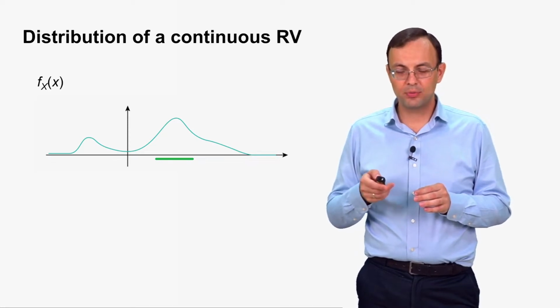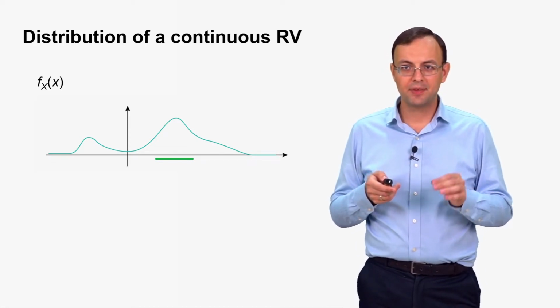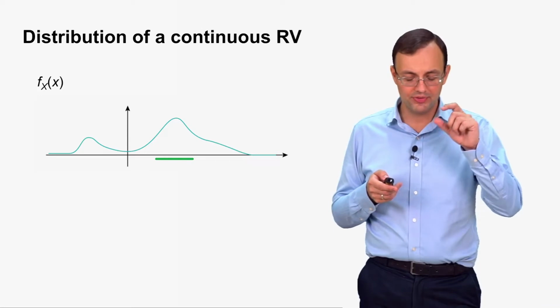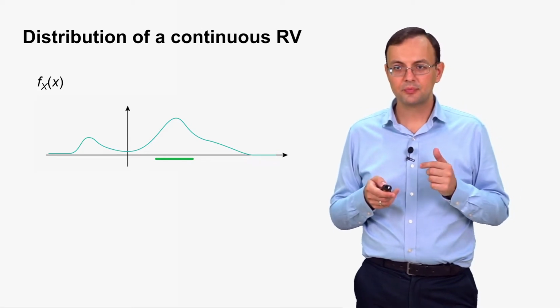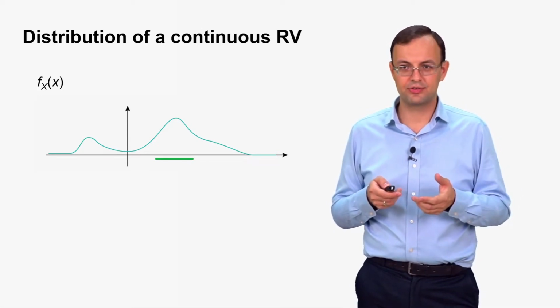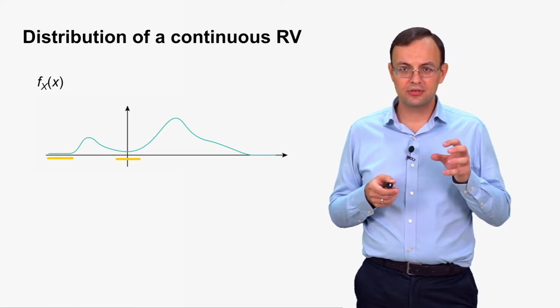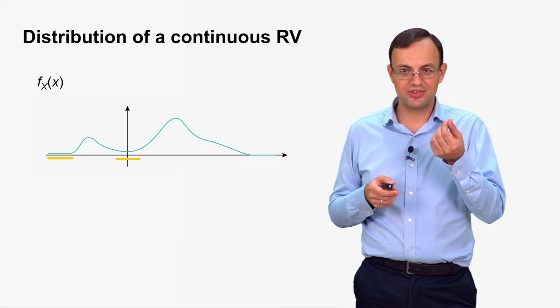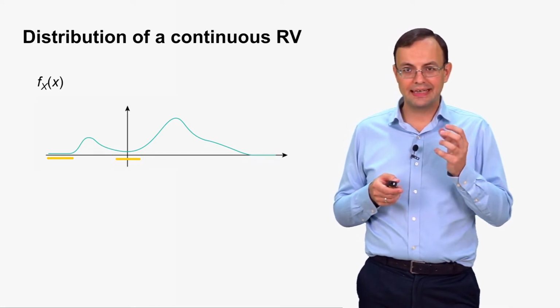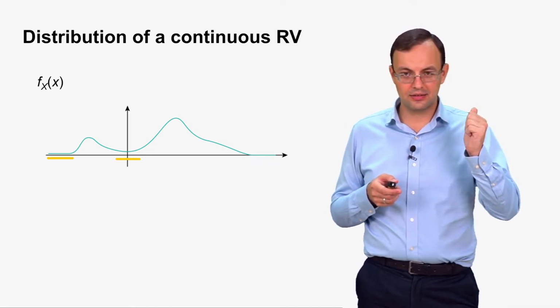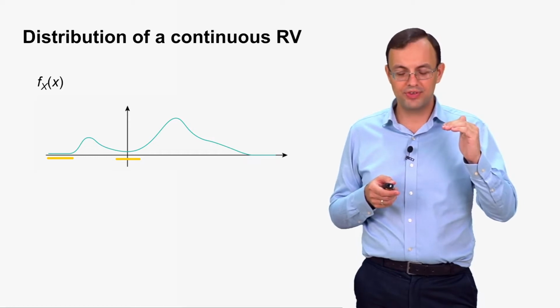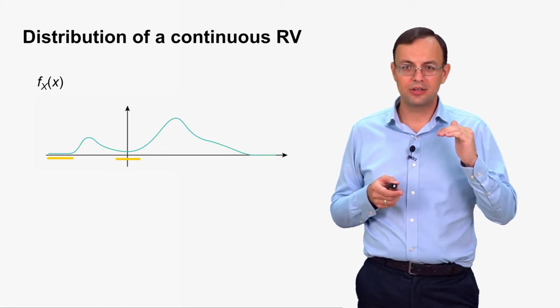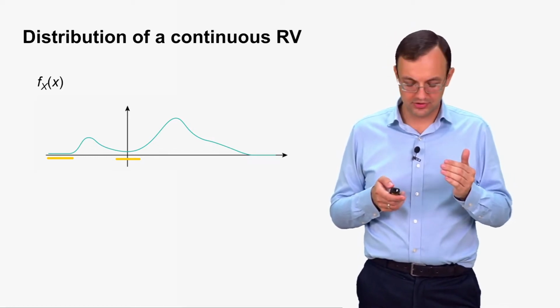Values that correspond to the high values of the PDF are more often values. Arguments that correspond to little values of the PDF are more rare, less often.